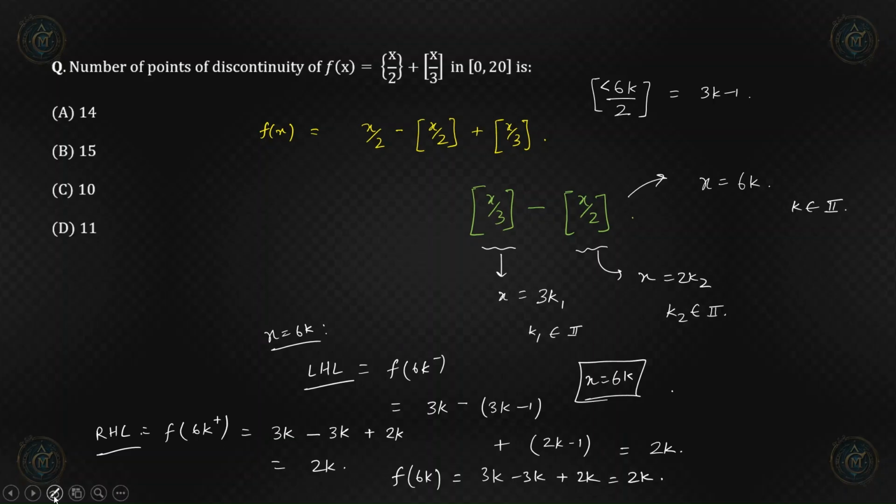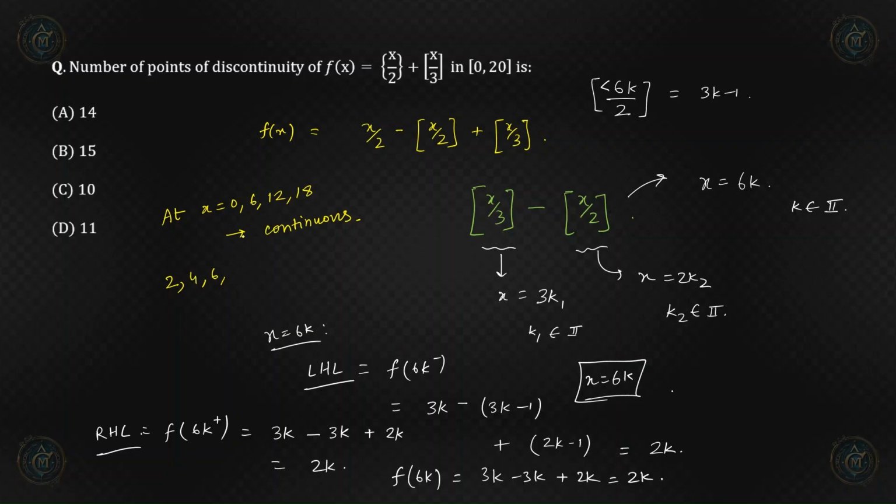Okay, so that means at x equal to 0, 6, 12, 18, at all these points the function is continuous. But the other points here are of the form 3k1 or 2k2. If we note them down, for 2k2: 2, 4, 6.